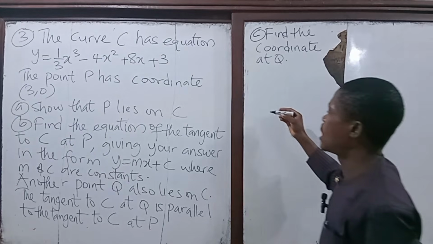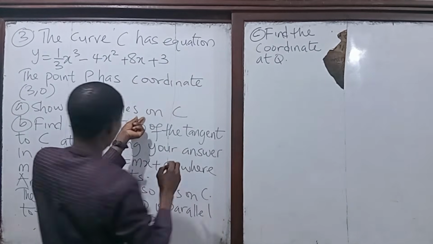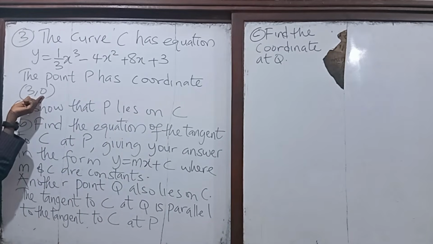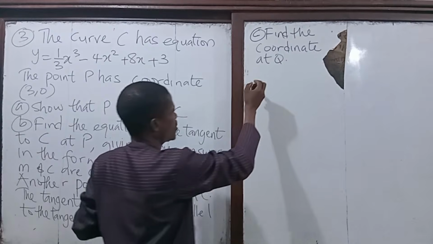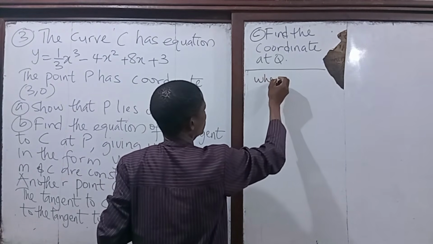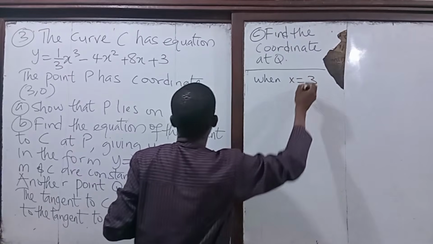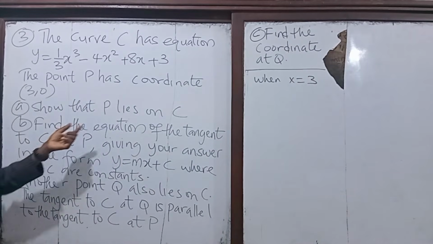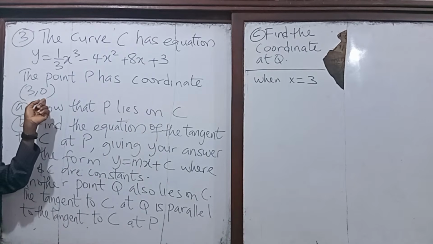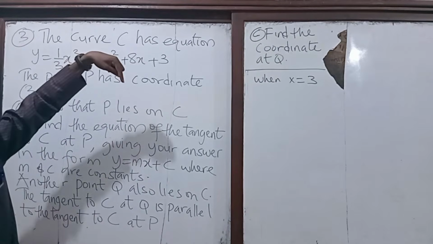If P lies on C, what we are going to do is to go to the coordinates. When x is 3, if it lies on C, then your y must be 0. That's what we want to show now.